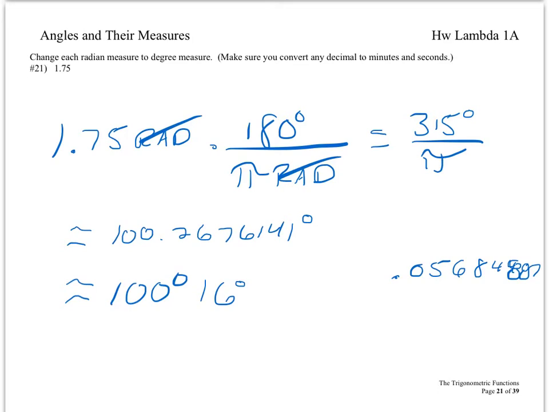It gives me 3.4 seconds. To the nearest second, it's 3. And this symbol right here should not be a degree symbol. That should be minutes. I apologize. So we got 100 degrees, 16 minutes, 3 seconds.